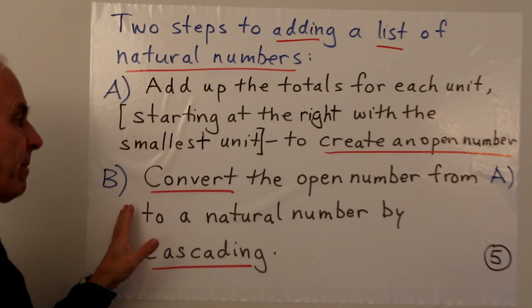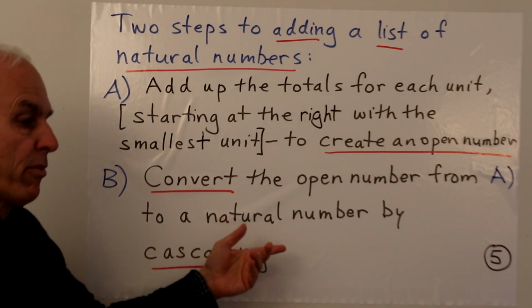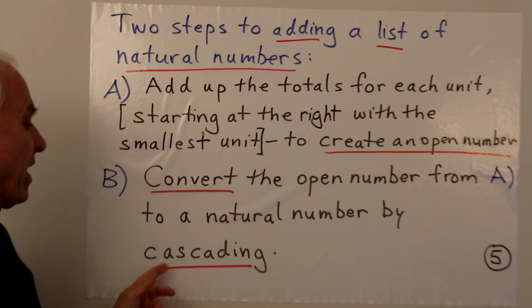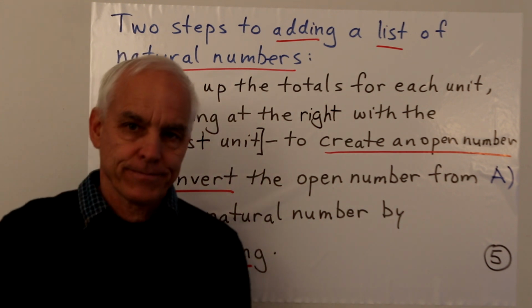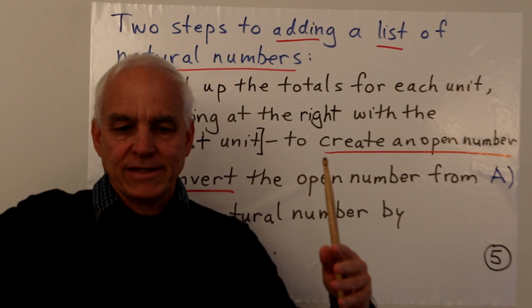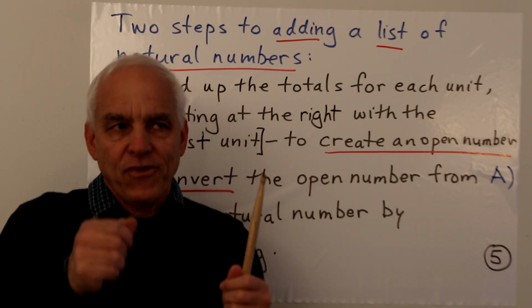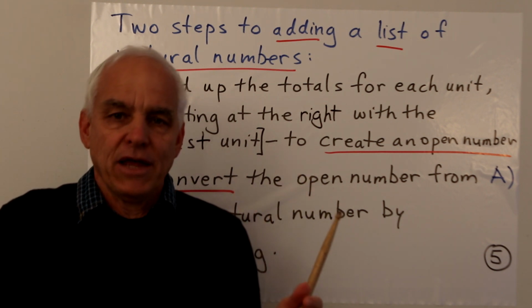Then the second step is to convert the open number that we've just got to a natural number, or closed number, by cascading. Okay, so this is this process of looking at all these constituents of the open number and figuring out, well, how many hundreds are there altogether out of here?